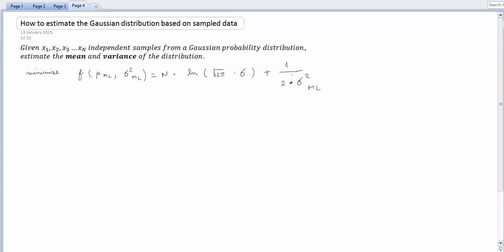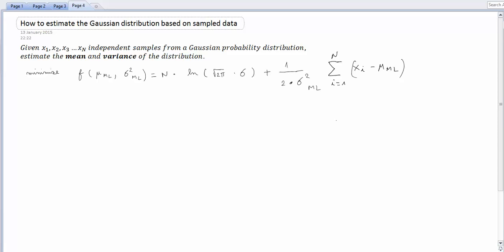Okay, multiplied by the sum from i equals 1 to n of xi minus mu maximum likelihood, squared.